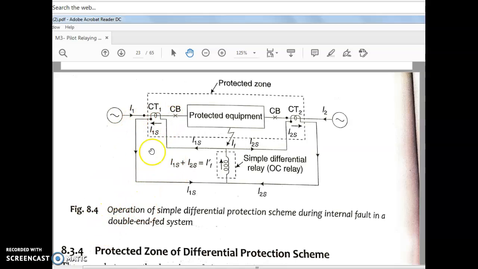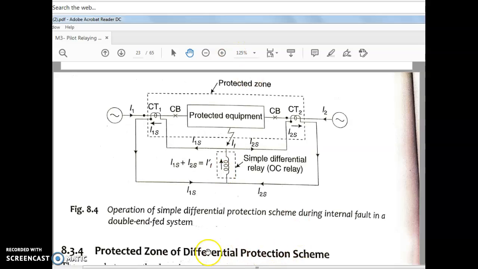If it is more on this side, it will show I1s minus I2s, and that current flows through this coil. Okay. So if it is higher than the predetermined value, the relay starts operating. Okay. This is what double end fed is. Is it clear, the difference between the previous one and this one? This is what happens when an internal fault occurs.